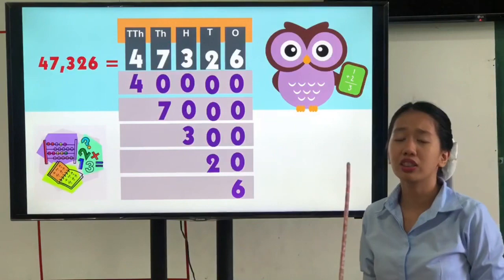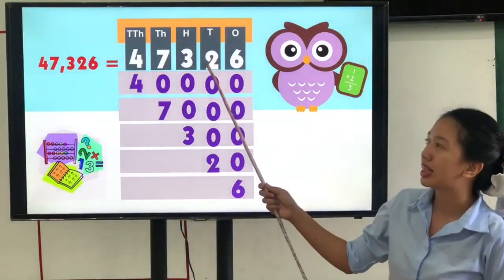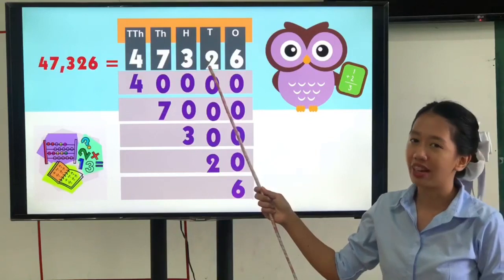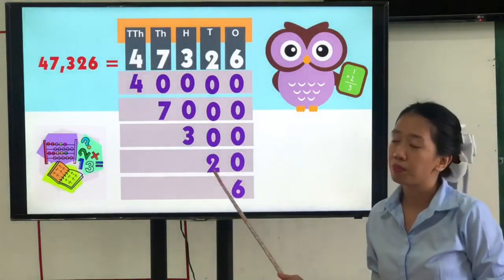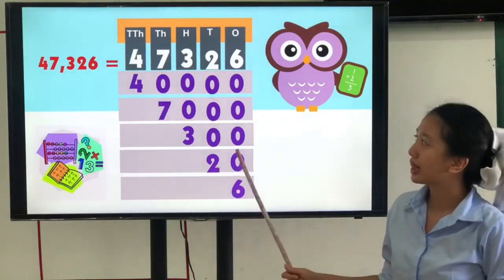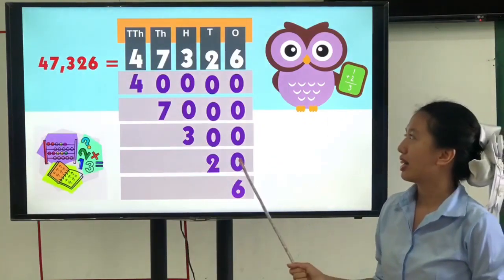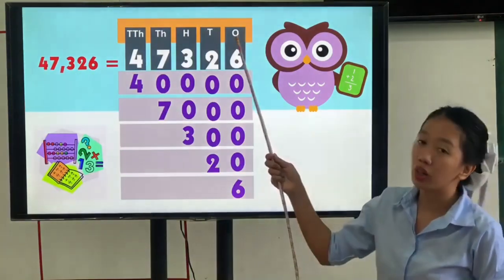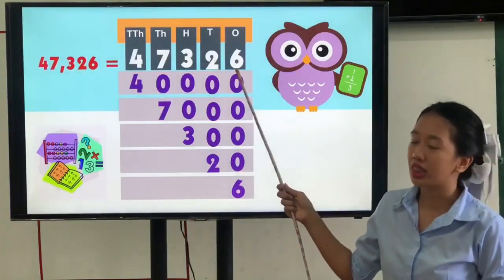Now let's proceed to our 10 place. What is the value of our 10? Very good. It's 2. So let's put 2. And how many zeros does tens have? Let's count. 1. Only 1. And then last one, we have our ones or unit. What is the value? 6.